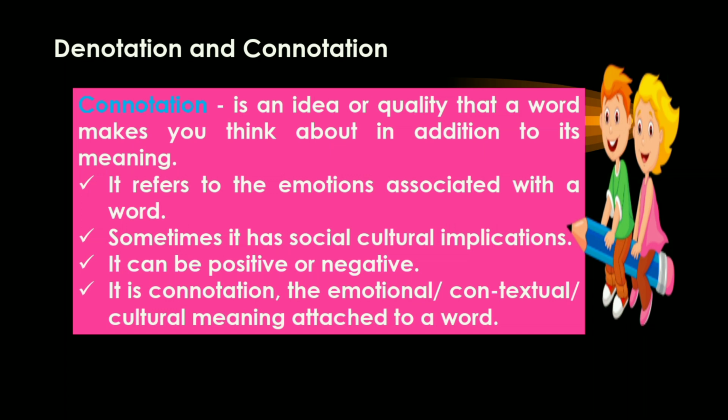So it refers to the emotions associated with the word. Sometimes it has cultural implications. So it can be positive or negative. So it is connotation if the emotional, contextual, cultural meaning attached to a word is being used.